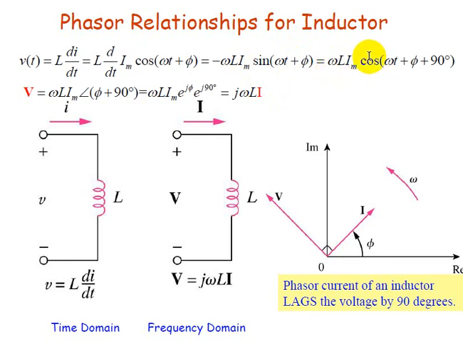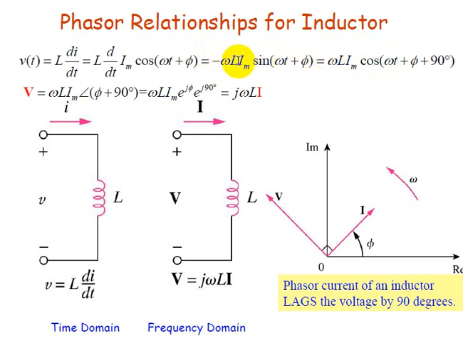You can convert it by introducing a phase: sine(theta plus phi) is equal to minus cos(theta plus phi plus 90). So this is the conversion technique of sine to cos. We already have a minus here, therefore minus into minus becomes plus, so this minus is gone.